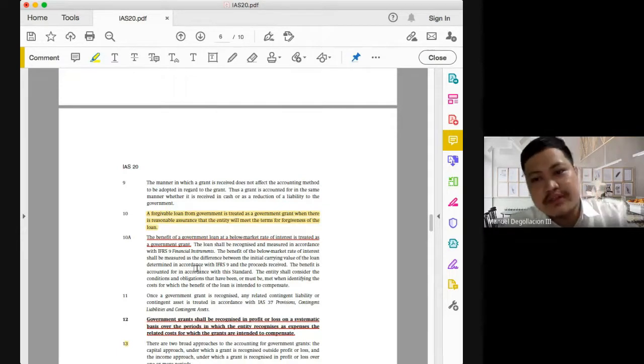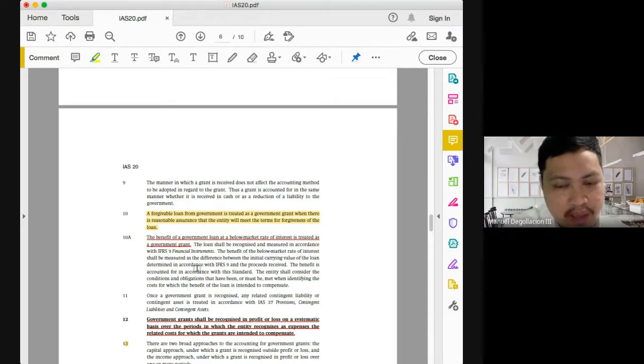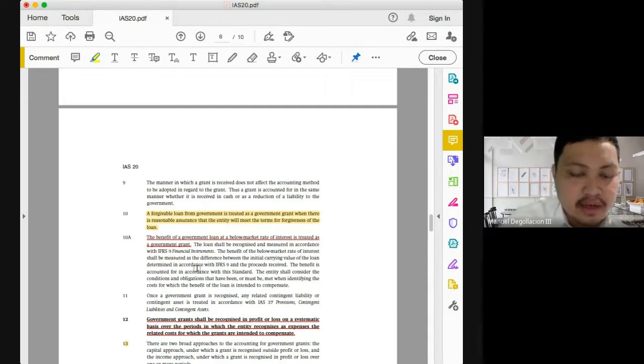Because if it was at the market rate, you would be paying this much, but because it was given to you at the below market rate, you're only paying a lower amount. The difference there would be treated as a government grant. When you discuss computational problems in your intermediate accounting classes next semester, class, this would be an interesting source of problems: the computation of the government grant from a government loan that is given at a below market rate.